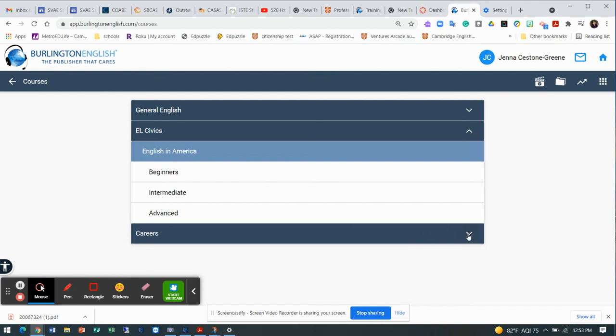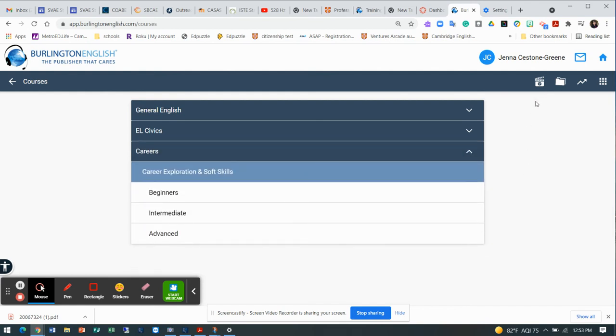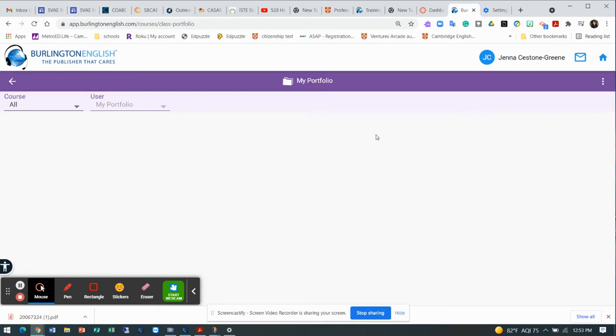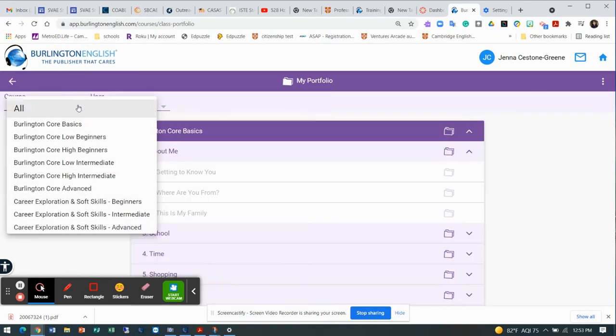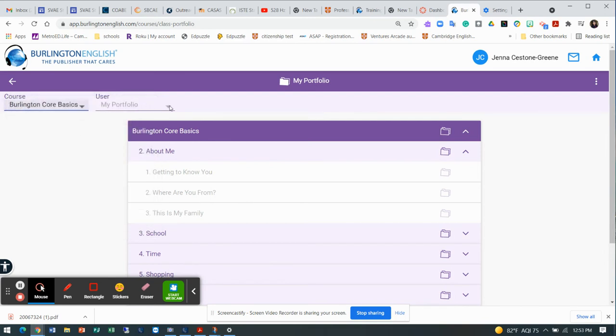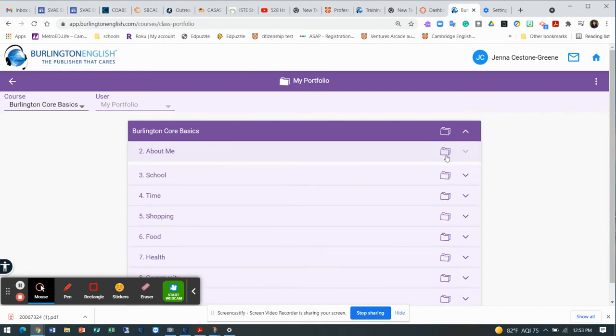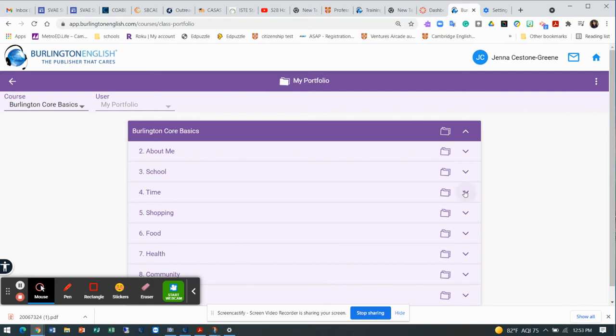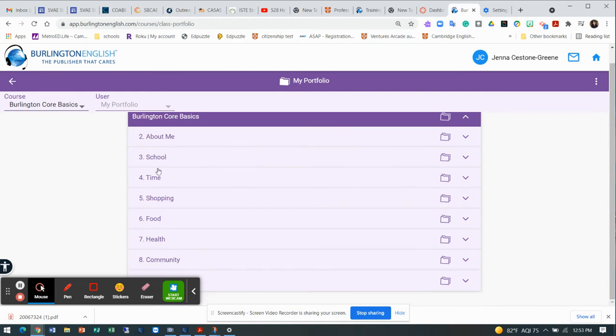And if you want to know how to tailor that with your beginners, you can go in with My Portfolio and you can say, I want my basics to just be in my portfolio. That's all I want. Or I can have them have just time. We're only going to have that today. I can add that to my portfolio. And you can pull from a variety of sources and add it to your portfolio.